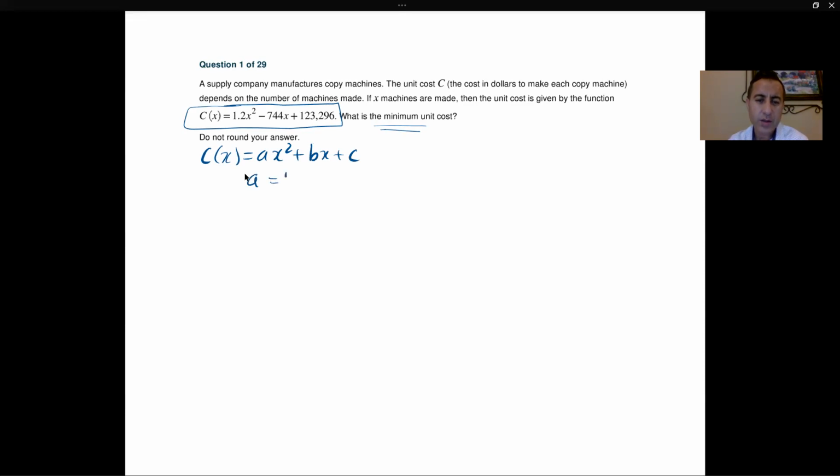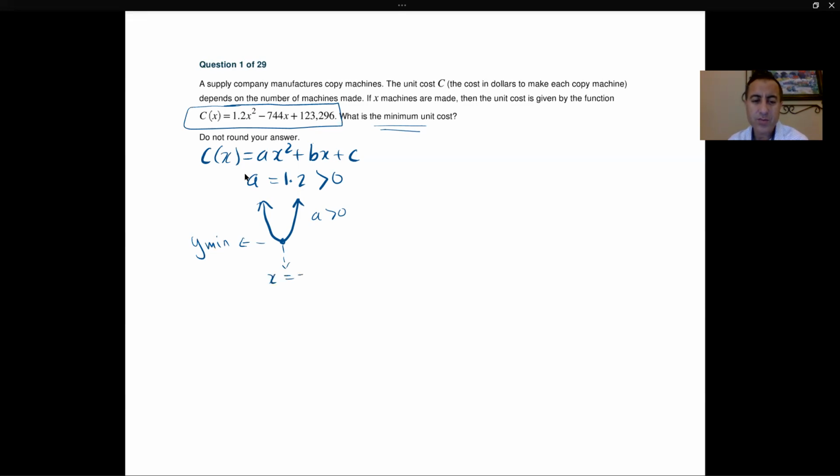And if A equals, in this case, 1.2, which is positive, so if A is positive, we say that the graph opens up, right? A is positive, it opens up, and it gives us a minimum, or the vertex y value represents the minimum.